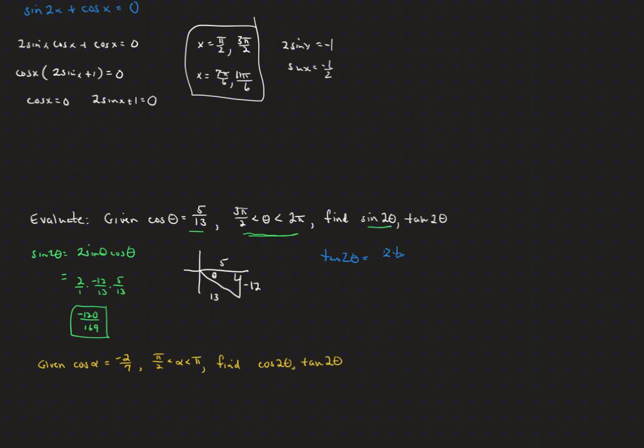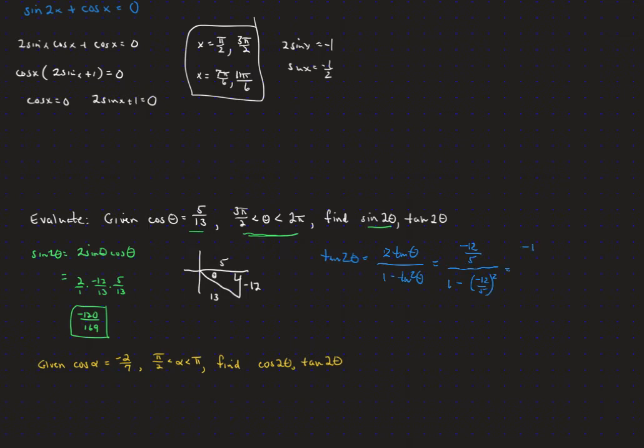2 tangent theta over 1 minus tangent squared theta. So for us, our tangent theta from SOHCAHTOA is going to be opposite over adjacent, and that's going to be a negative 12/5. So 1 minus tangent squared theta is 1 minus negative 12/5 squared.